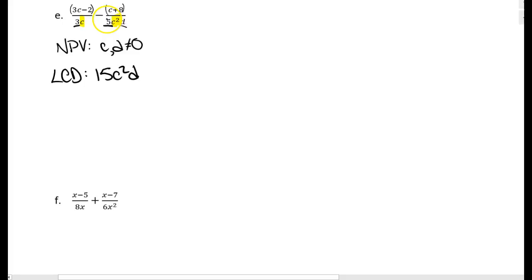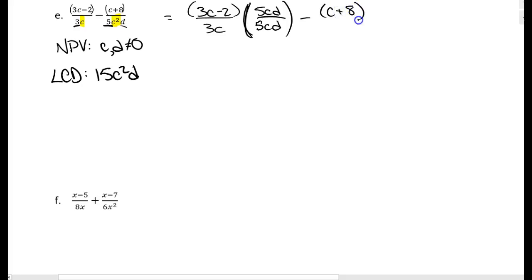Okay, so when I go to rewrite this, I'm going to have 3c minus 2 over 3c, all multiplied. There we go. I have 3c, I need 5cd still showing up there. Minus c plus 8 over 5c squared d. The only thing I'm missing from that one is the 3.